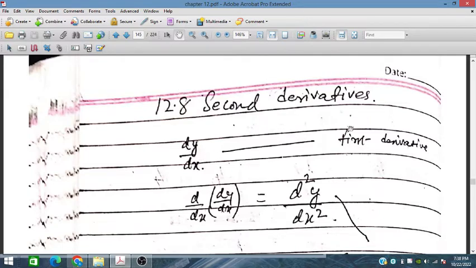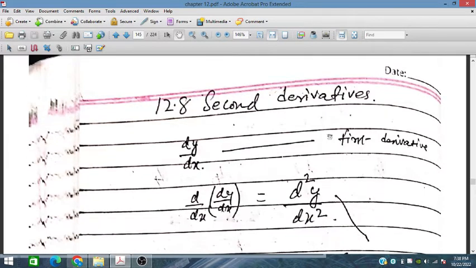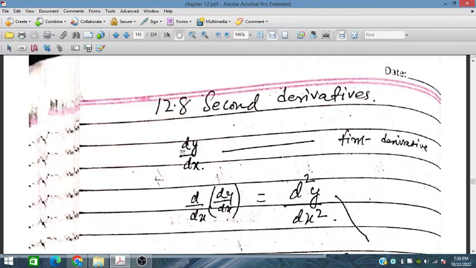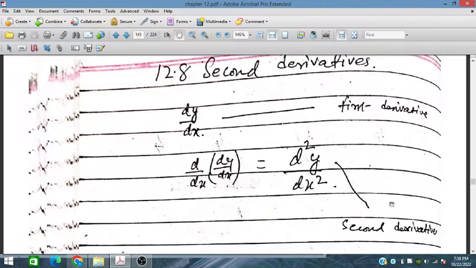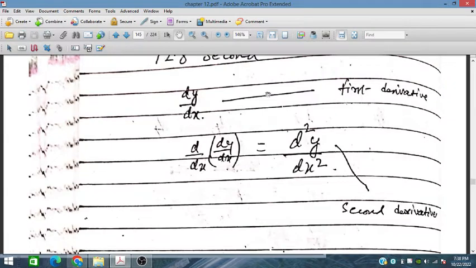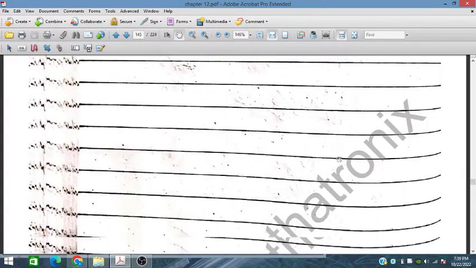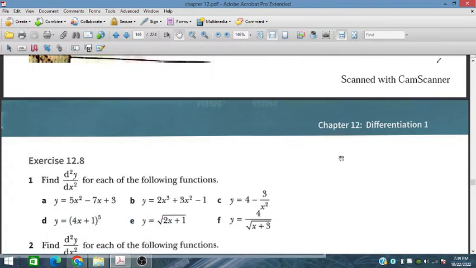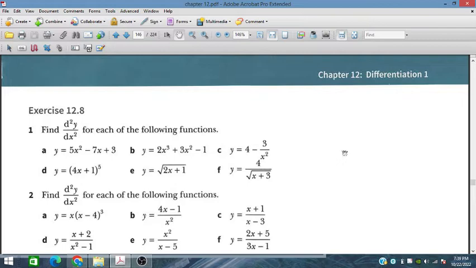In chapter 12, section 12.8, we will discuss second order derivatives. dy by dx is the first order derivative, and if we take the derivative again, this becomes a second derivative and a higher order derivative. So let's move to exercise 12.8.